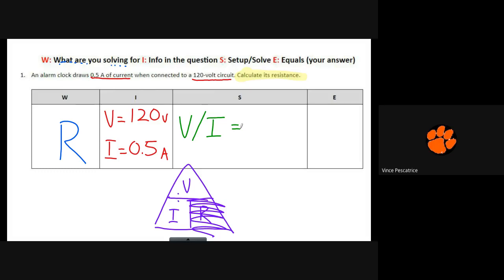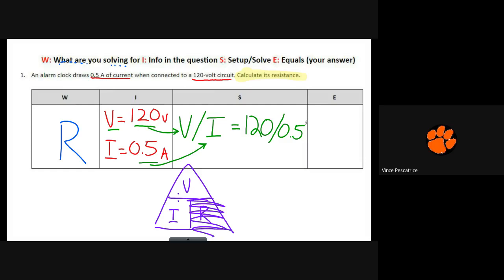And now you're going to substitute in the numbers for the corresponding letter. So the number that represents V is 120, so it's going to go first. And the number that represents I is 0.5, so it's going to go second. So you're going to do 120 divided by 0.5, and that will give you your answer.